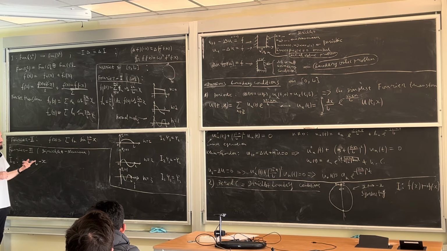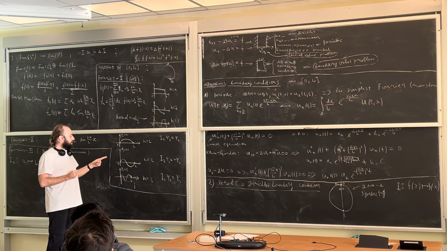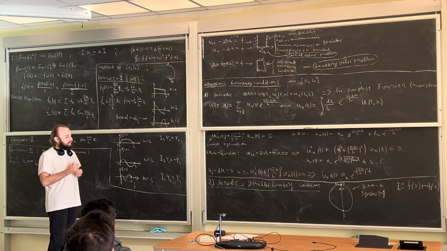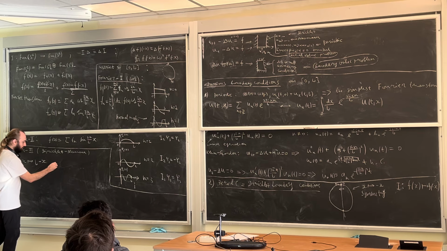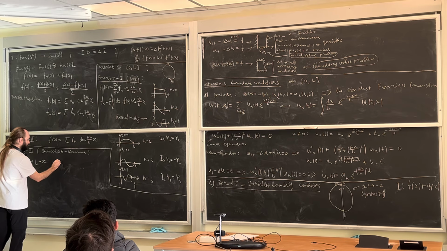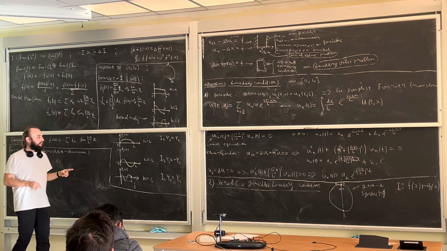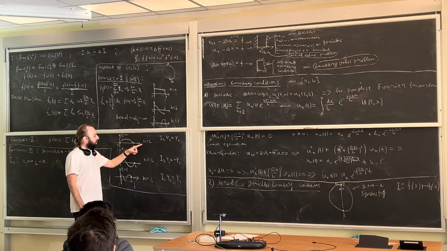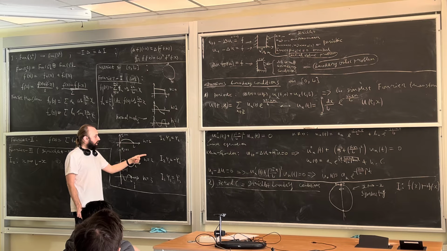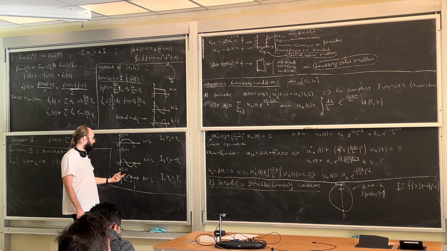So it's not surprising, but it is very convenient now, because if we restrict to the interval from 0 to L over 2, we can restrict to even functions, which correspond to odd numbers, like 1, 3, and so on.